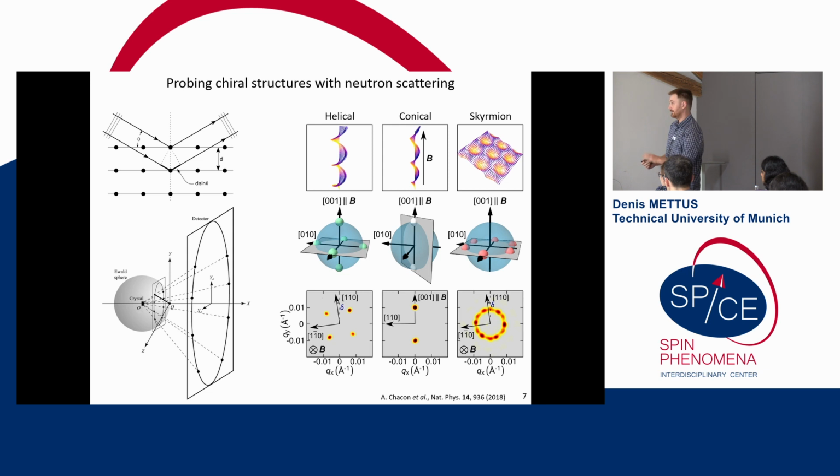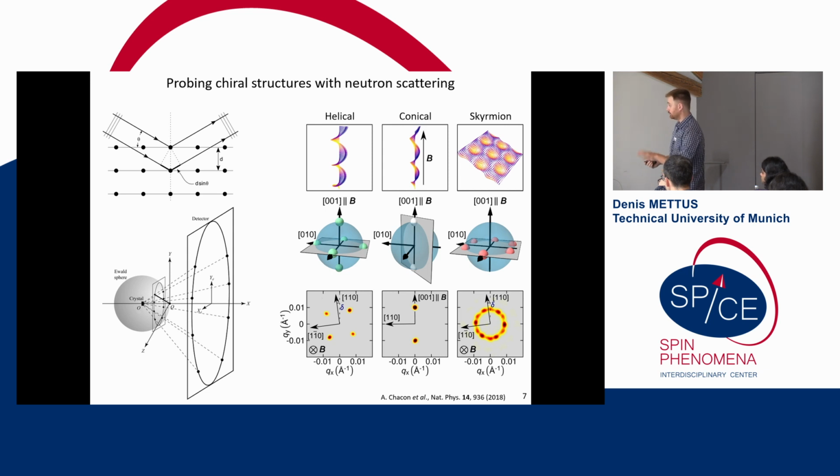Then, since it's elastic, the length of neutron momentum never changes, and you can draw a sphere with a radius of neutron momentum. You put your sphere in a way that it touches the points of your reciprocal lattice.